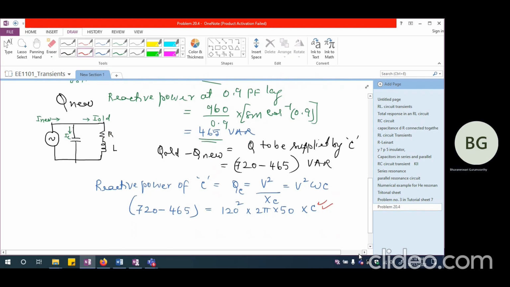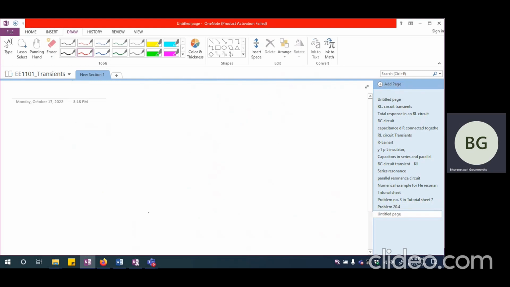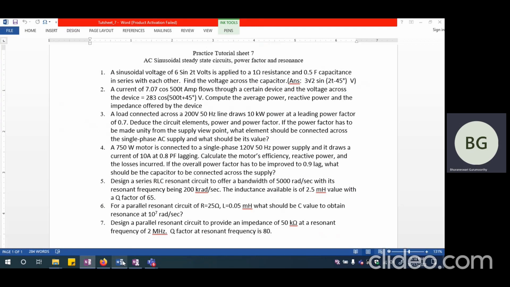Okay. Now there are some problems which are associated with resonance. So let's try to do at least one of them. We had already done one problem with respect to parallel resonance when we just completed the topic of parallel resonance. So let us look at this particular problem.